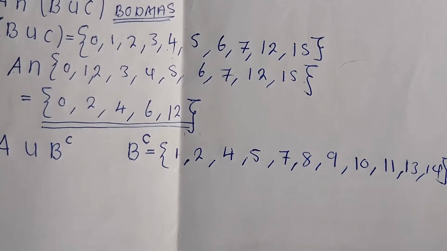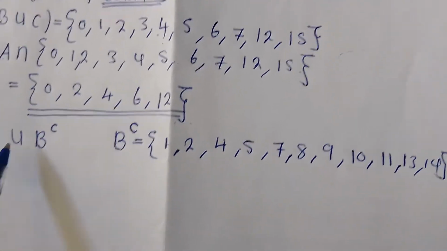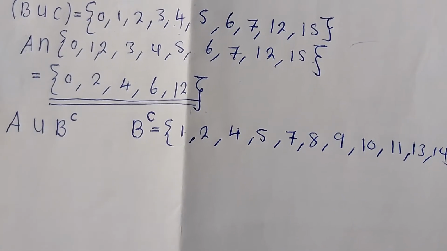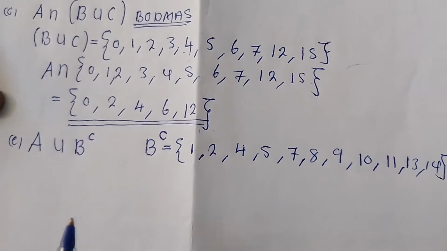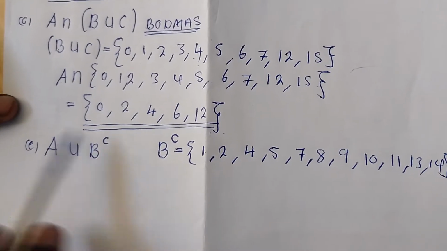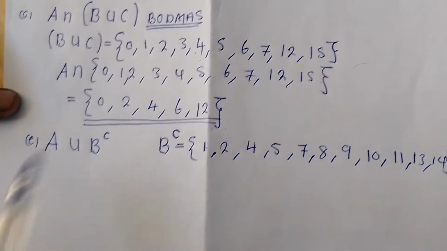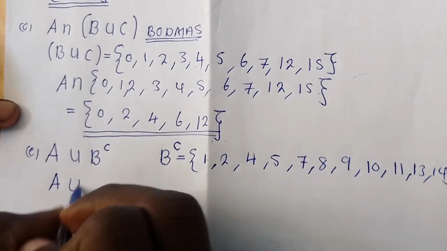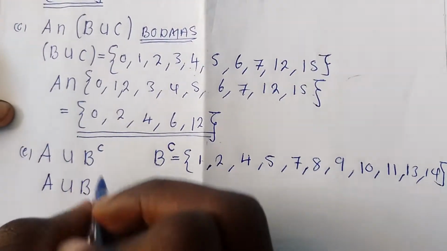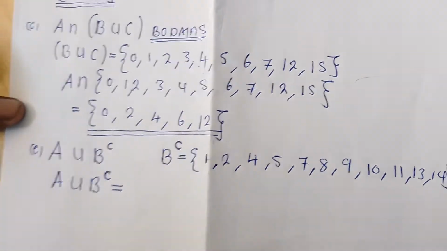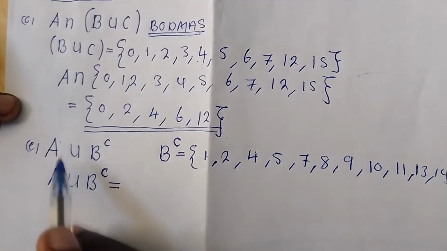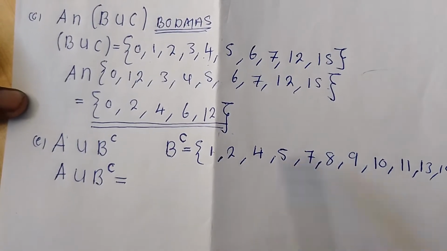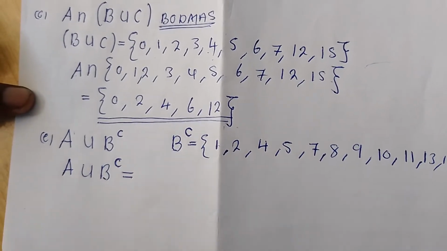Now from here, we find A union B complement. In the next section, for you people viewing the videos in part 2, I'll show you how you can write this. Now, this A union B complement is just the same as the set A intersecting with whatever elements remained after we removed the elements of B, which is simply B complement.